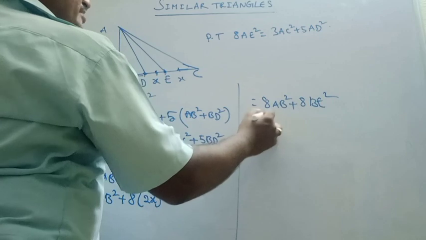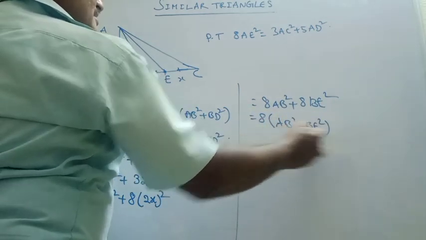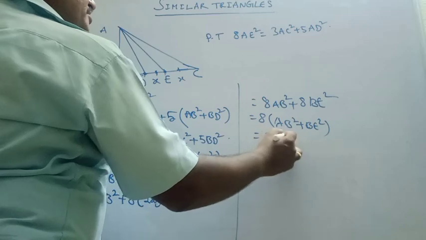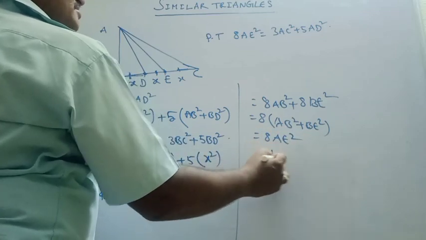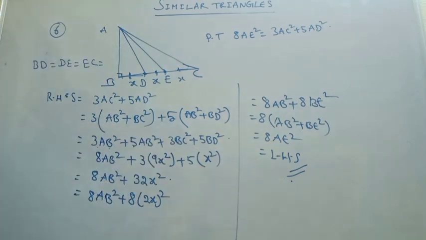Now take 8 common: AB square plus BE square, that is equal to 8 into AE square. That is the left hand side part. Such a beautiful way we get this problem.